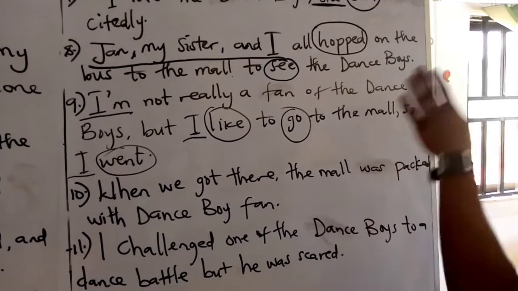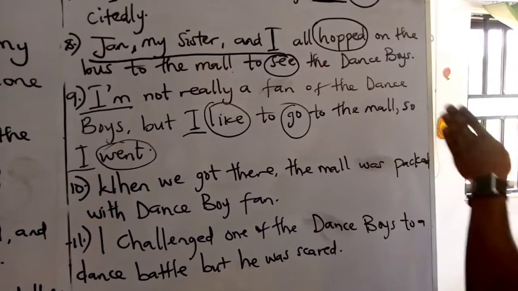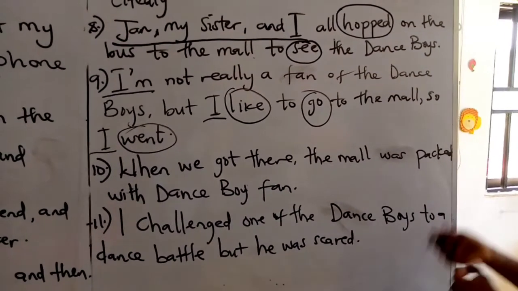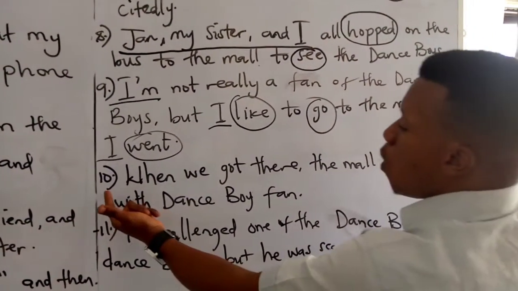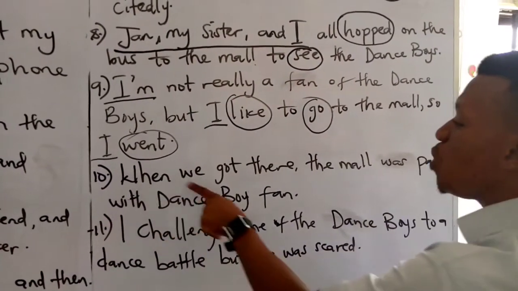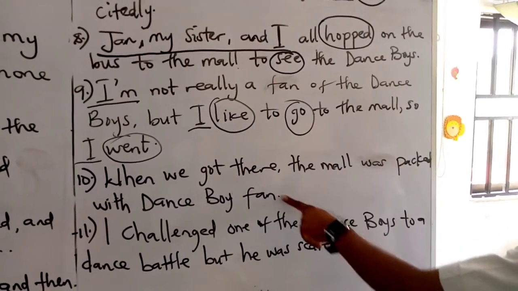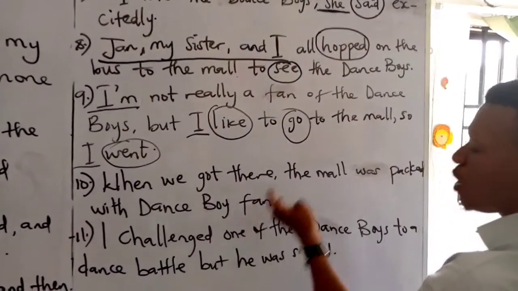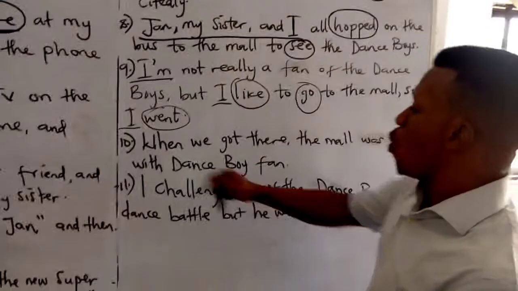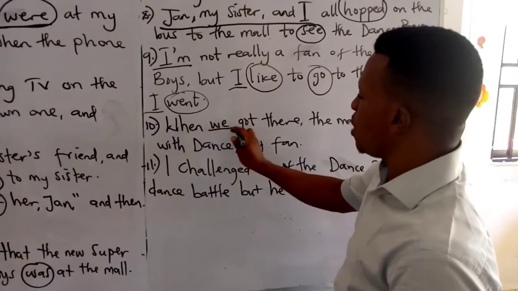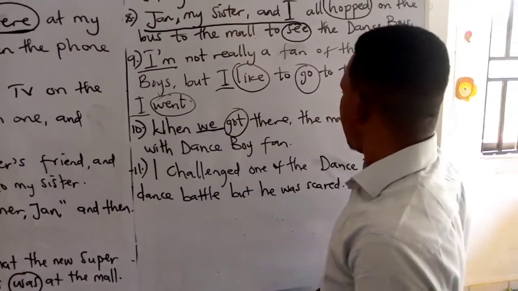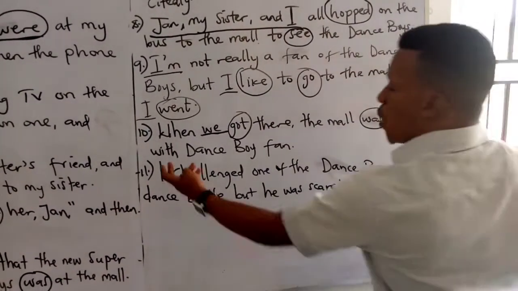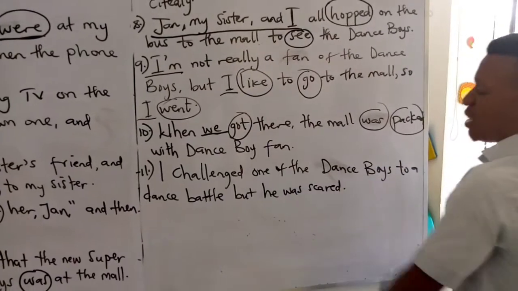Just follow the words in the sentence, one after the other. You pick out all the predicates and the subjects. Number 10. When we got there, the mall was packed with Dance Boy fans.